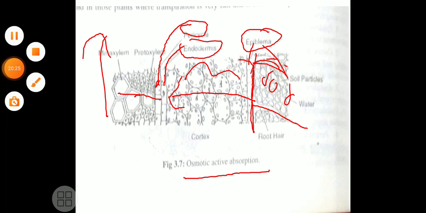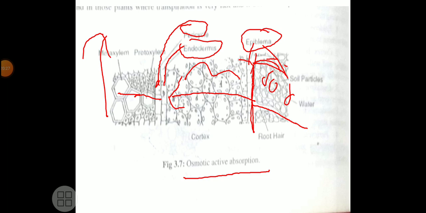So there is the mature part, and in between, in the region of elongation, there is the root hair developing region. So where is the location, and which role is played by each and every part? You will always have to sketch the diagrams.